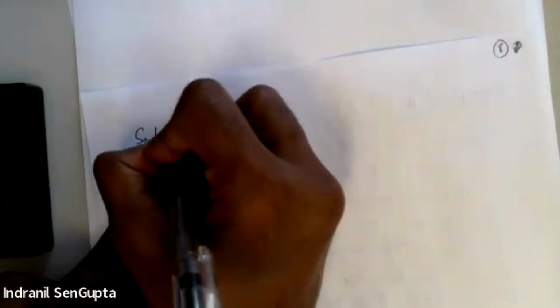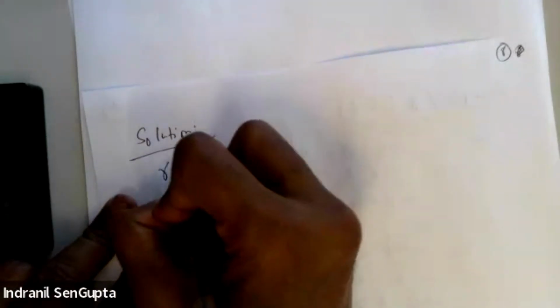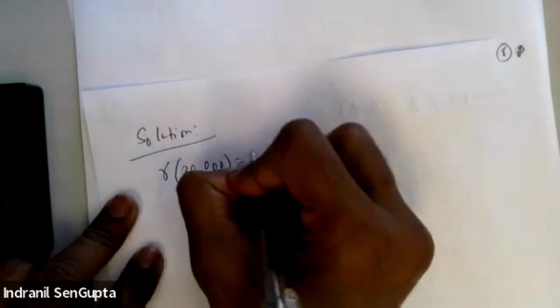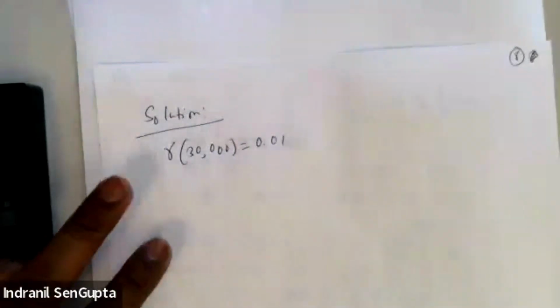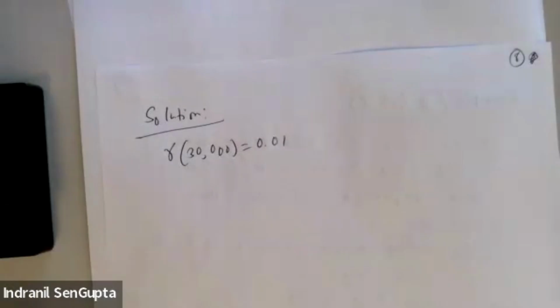Here is a solution. So we have gamma of 30,000 is 0.01. Now let's recall what the meaning of that gamma is.